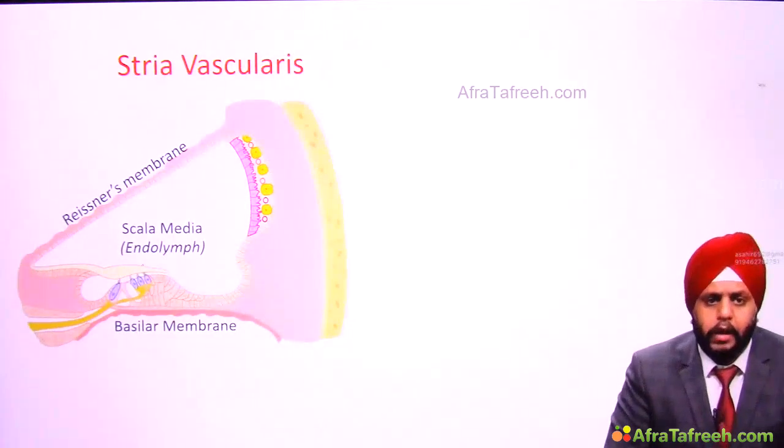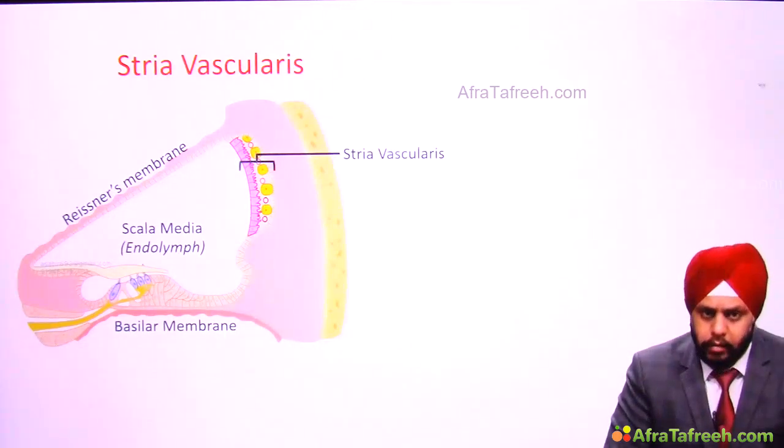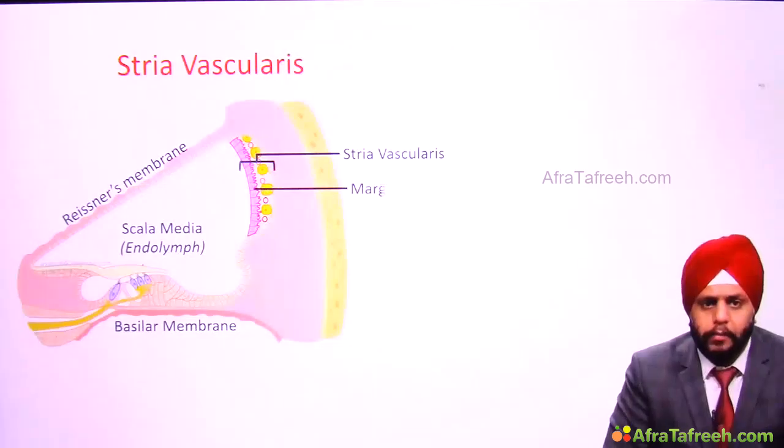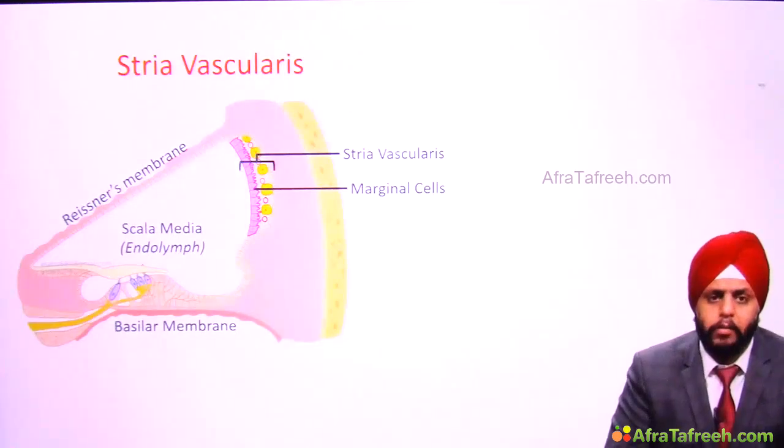So we can see this diagram of the scala media. We have the Reisner's membrane and the basilar membrane, and now we can see that this is the stria vascularis. In this stria vascularis you can see some special cells. These special cells are known as marginal cells. What is special about them?